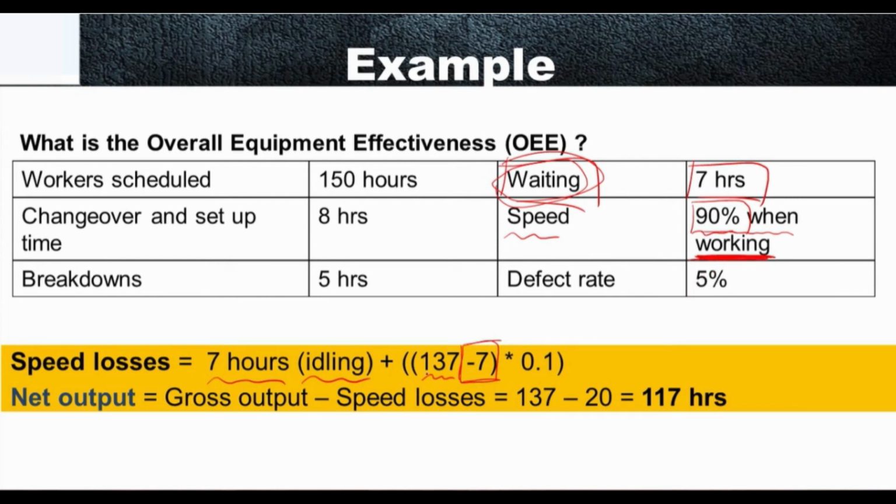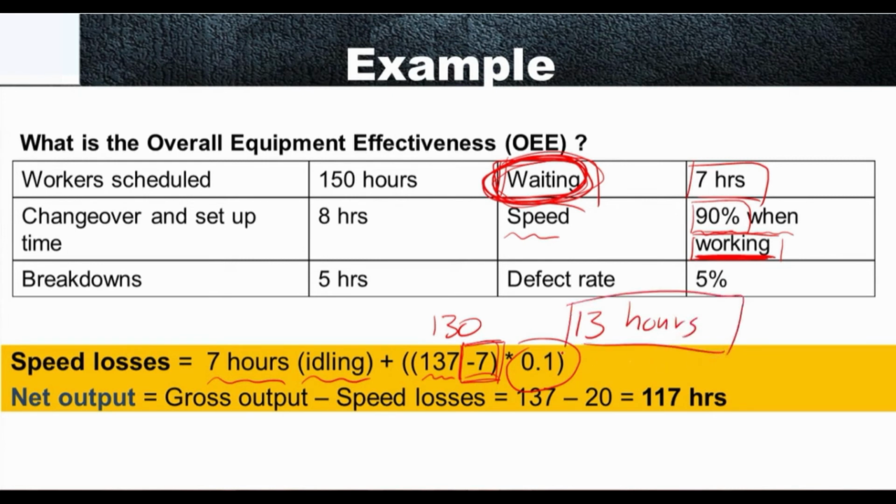That is what we do here. Of the 137 hours, we reduce 7 hours because there was no working at that point, but only waiting at that point, okay? And that means that of the 130 hours reduced with the waiting, we were working only at 90% speed. That means that we lost 0.1 or 13 hours there as well, okay?